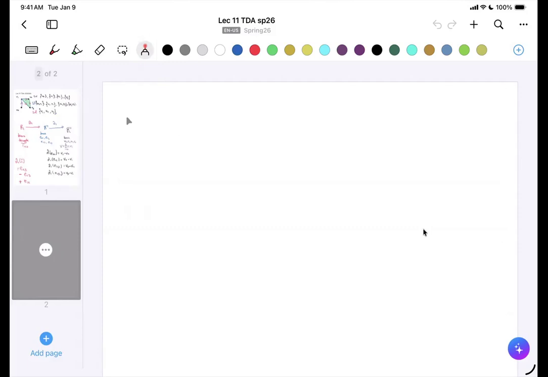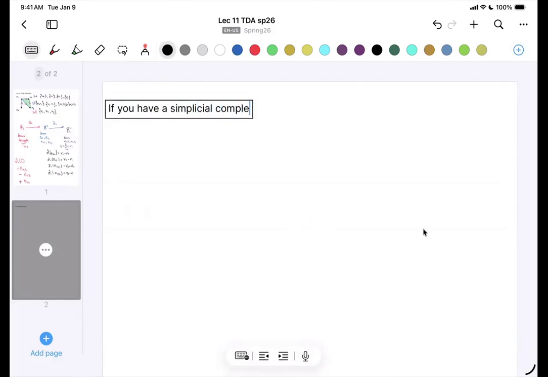So the idea is that if you have a simplicial complex, and you're given two vertices, I'll call them V and V prime.